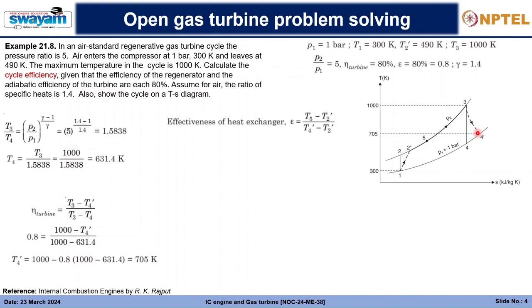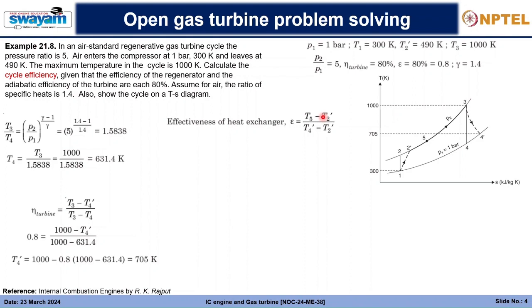Next, we will find the effectiveness of the heat exchanger. The effectiveness of the heat exchanger is the temperature difference that is received, T5 minus T2 dash, divided by T4 dash minus T2 dash. That is the maximum possible temperature difference which we could have attained, but we did not attain; rather we have attained this much.